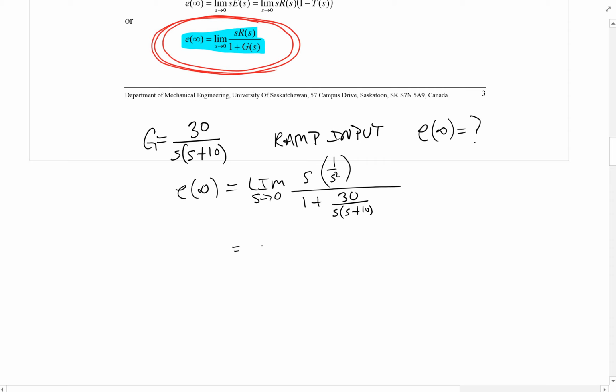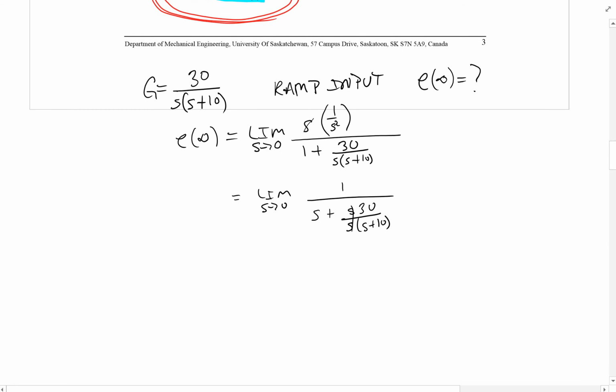And so let's do a little bit of playing with this. The limit as s goes to 0, and I'm going to multiply this through and end up with a 1 over s, which I'm going to take and multiply down through the bottom, s times 30 over s plus 10. Okay, and I can drop these two out and end up then taking the limit of that as s goes to 0.